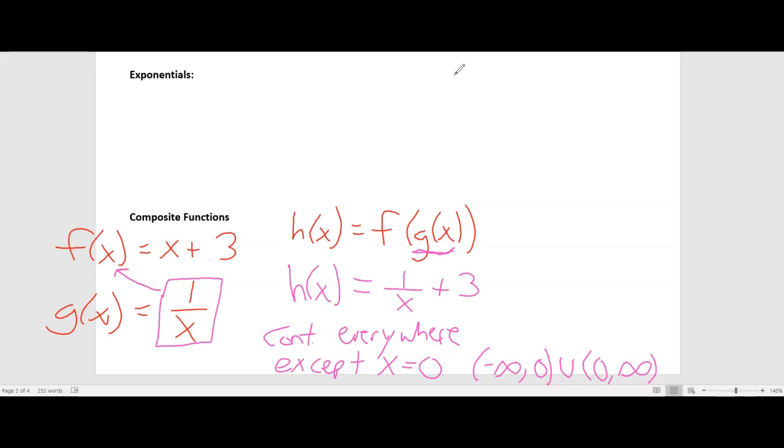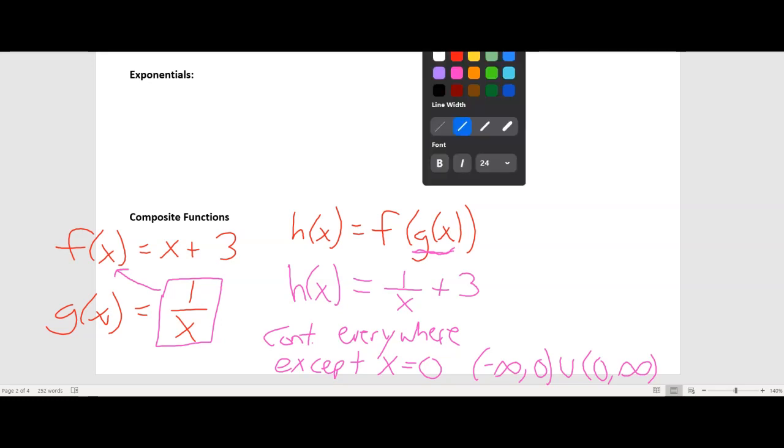So in general, for composite functions, the resultant function, this h of x function, will be continuous when both g of x and f of x are continuous.